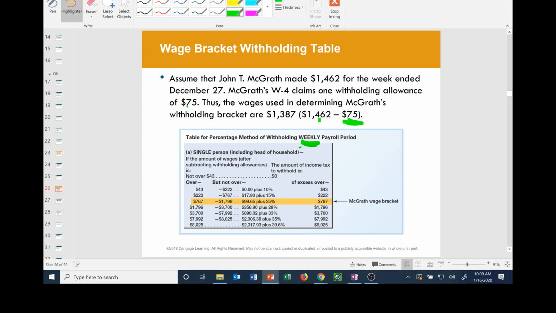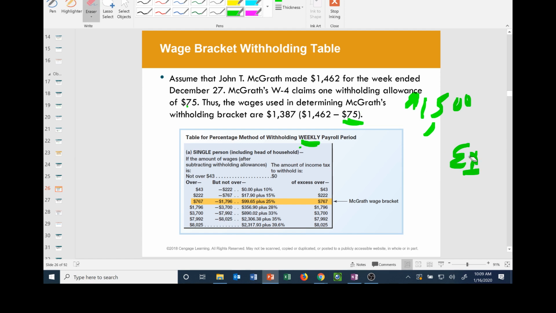But let's say a person made $1,500 in 1 week, and he's married filing jointly. So there are 2 exemptions. Now, can you find the taxes from this table? Take the $1,500, multiply 2 times 75, that's 150.